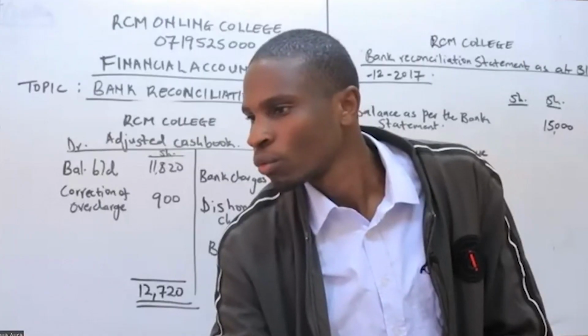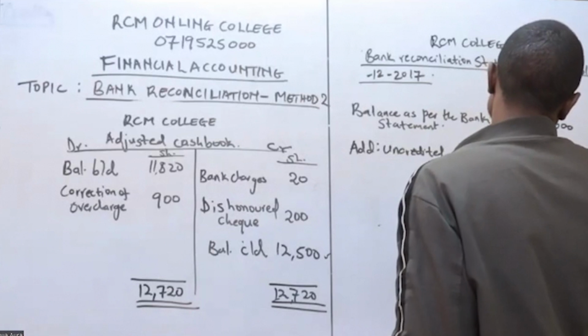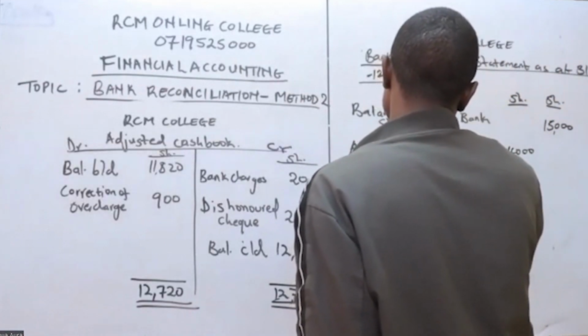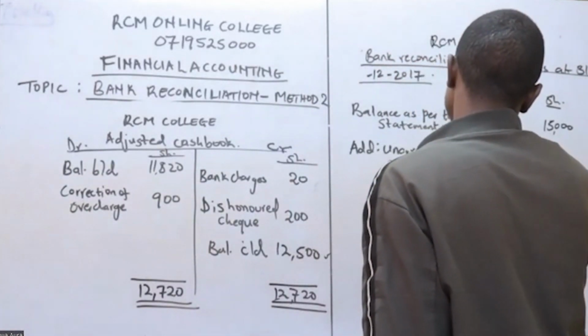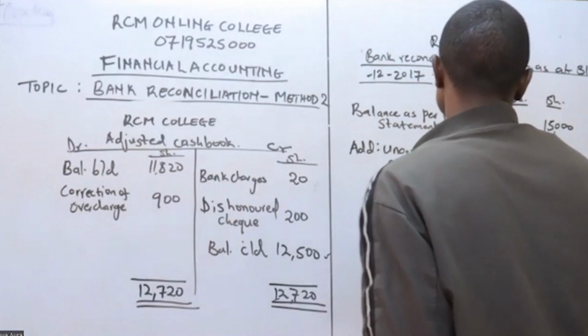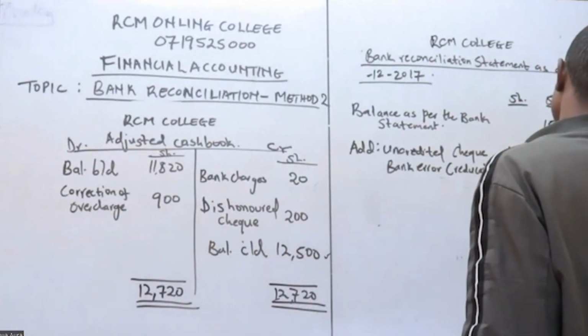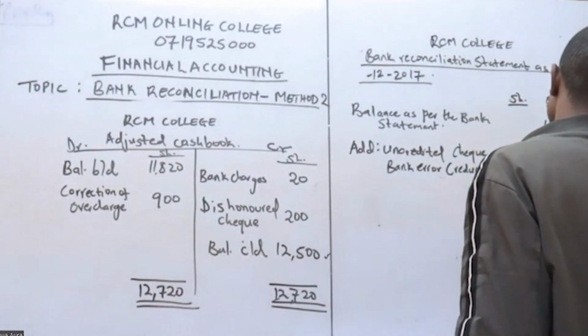So uncredited, we are given 4,000. Do we have any bank error that reduces the bank balance? No. So we just add the 4,000. So for this, I'm getting 19,000.